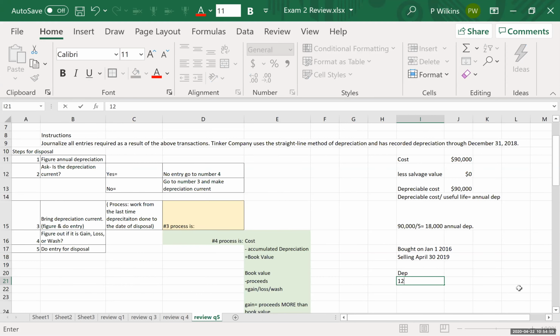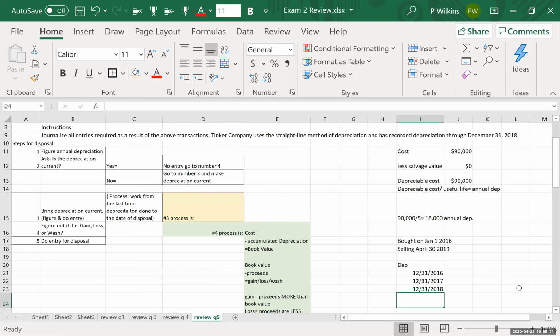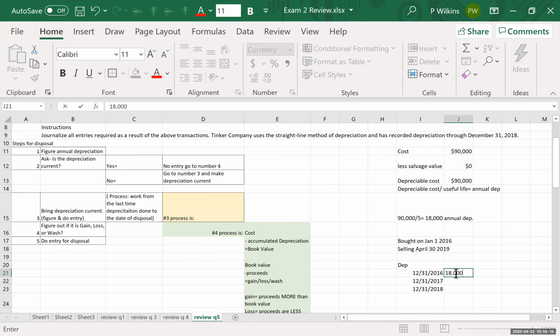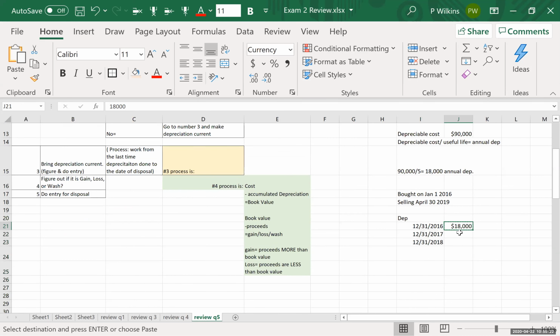We know that depreciation was done on December 31, 2016, December 31, 2017, and December 31, 2018, right? And they did $18,000 each time they did that, right? $18,000 each time. So the last time it was done was December 31, 2018.